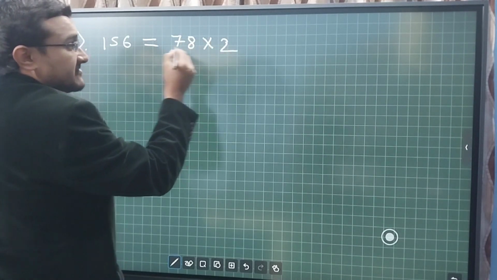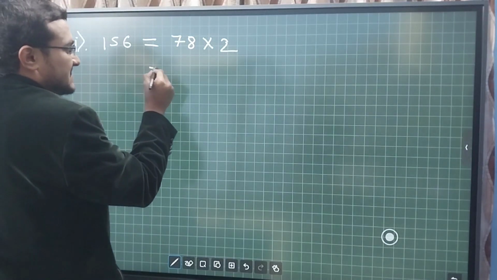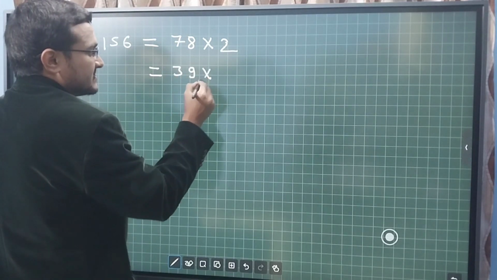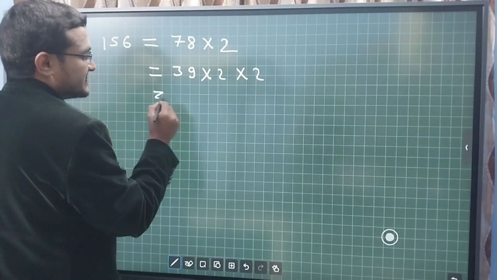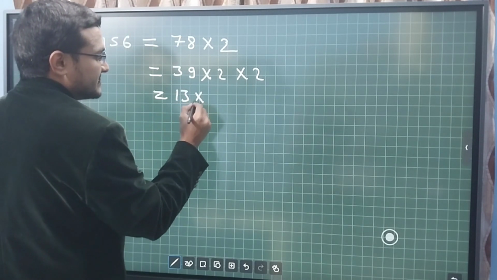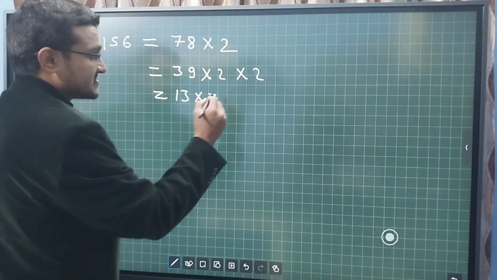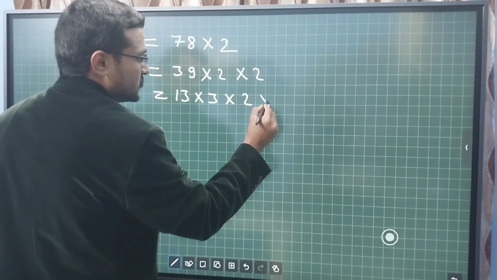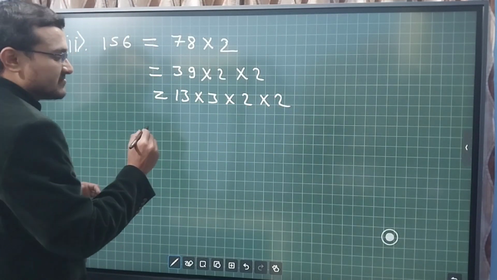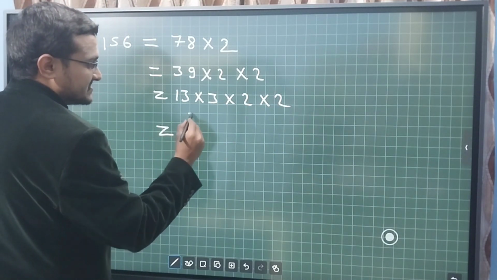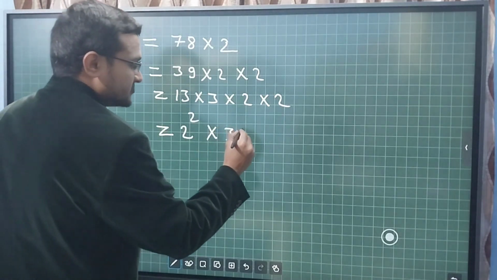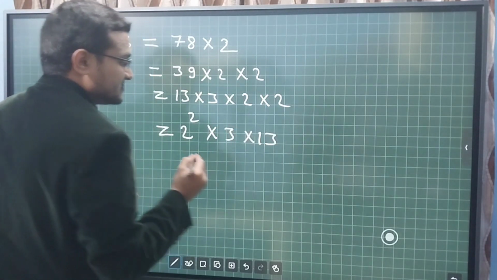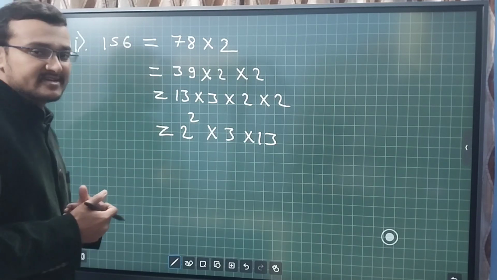This 78 again you can write as 39 into 2 into 2. 39 can be written as 13 into 3, because 13 3s are 39, into 2 into 2. So that means you can write this as 2 square into 3 into 13. So this is the factorization of 156.